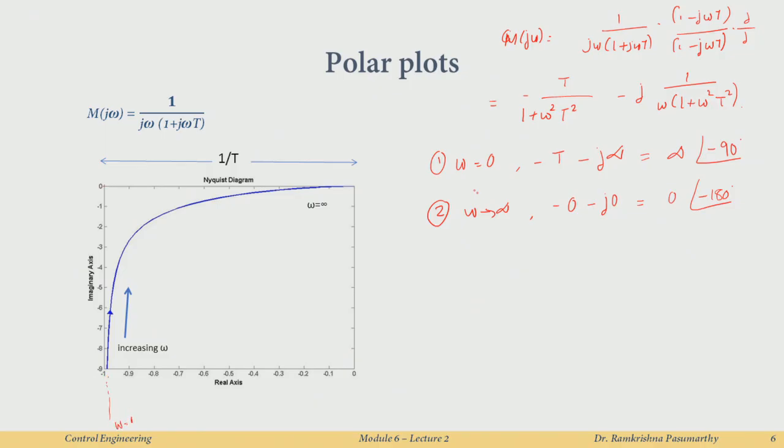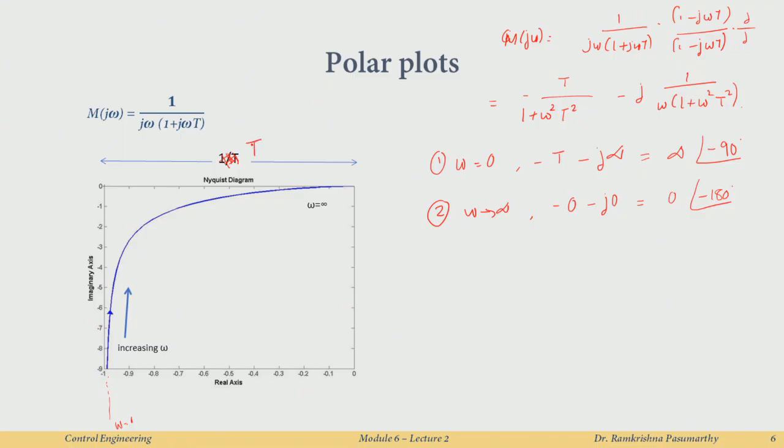At omega equal to 0, what happens is I have a magnitude in the real part. I can split this into the real part and the imaginary part, just looking at this complex number over here. So the real part has a value of t. Sorry, this should be just t instead of 1 over t.